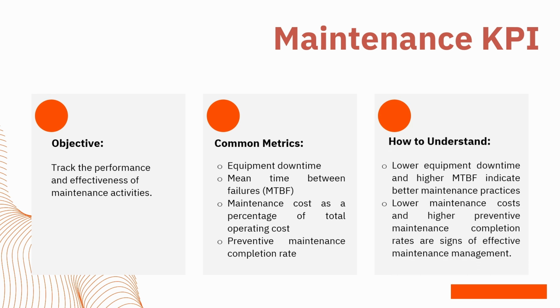We can evaluate these metrics to derive potential insights such as lower equipment downtime and higher MTBF indicate better maintenance practices, while lower maintenance costs and higher preventive maintenance completion rates are signs of effective maintenance management.